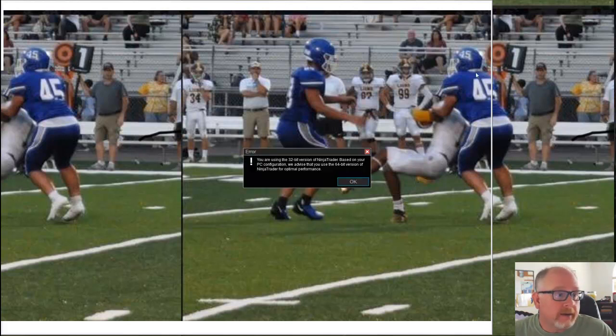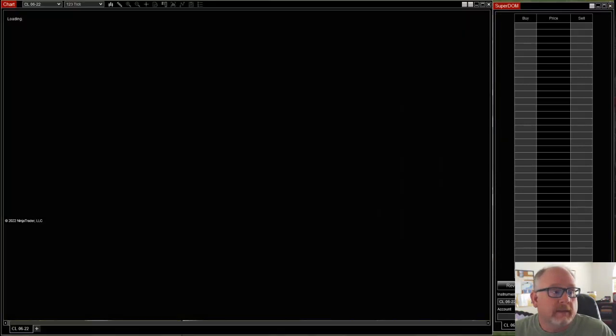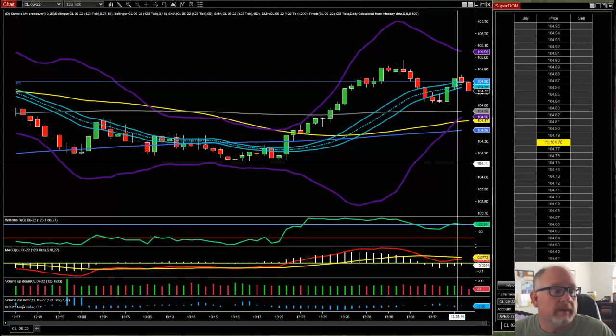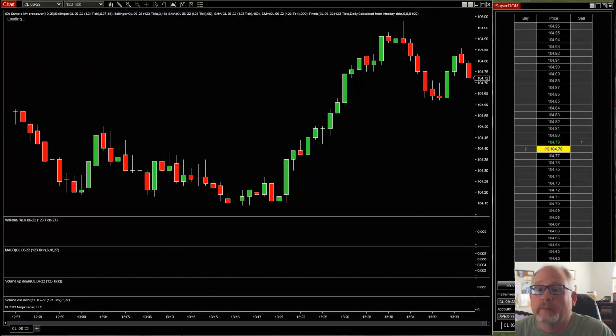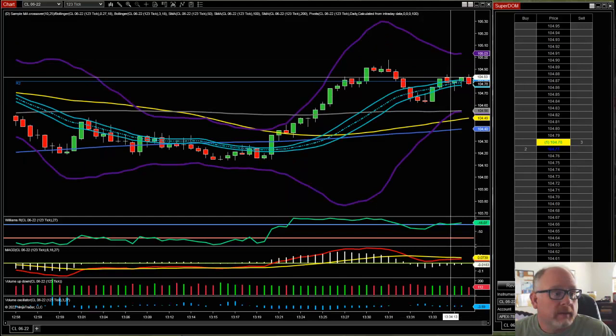It's my youngest son, by the way. Right there, number 45. He was a sophomore, played on varsity last year. He's big and strong now. Anyway, I think he says he's going to switch his number. My oldest is at Cal U in Pennsylvania, backup left tackle as a freshman.